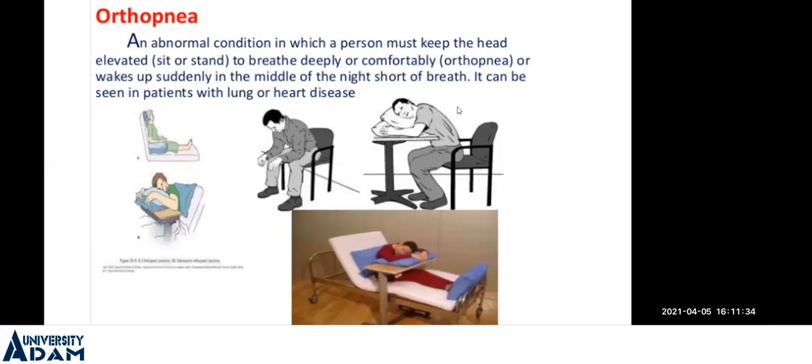For the sitting position, it will be orthopnoea, from Latin words. So please, Ali Hassan, explain to me. What does it mean? How do you understand it?